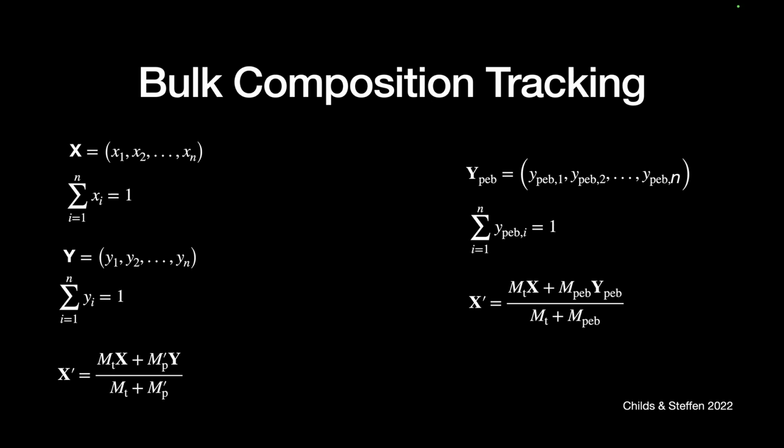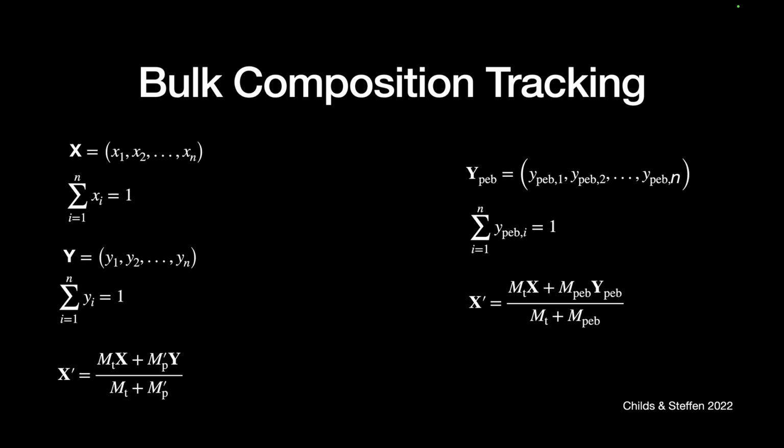And we do the same thing for the pebbles as well. Y sub peb represents the composition of the pebbles in the disk. Y peb sub i is the relative abundance of the ith species that you're tracking for the pebbles.